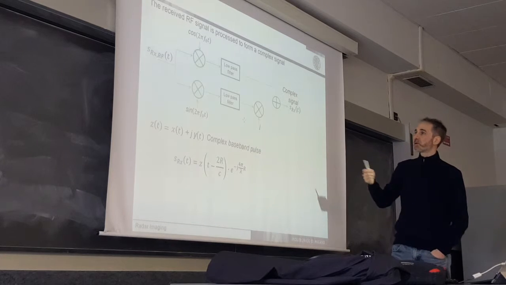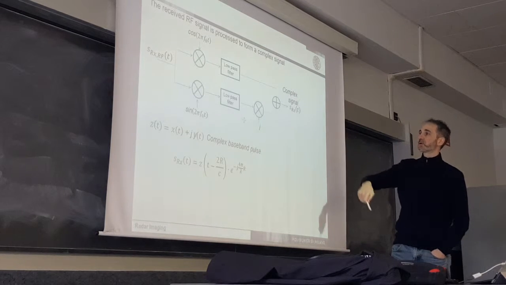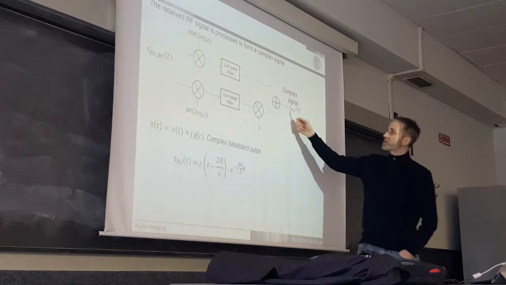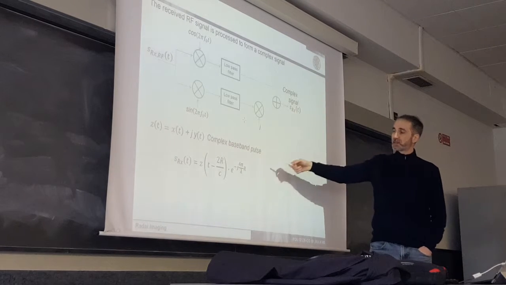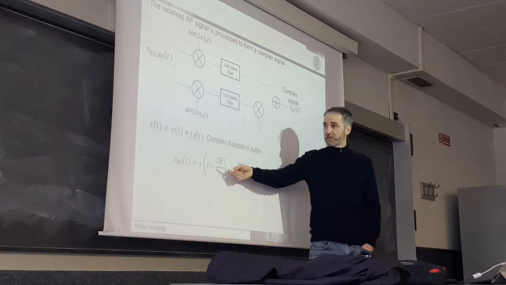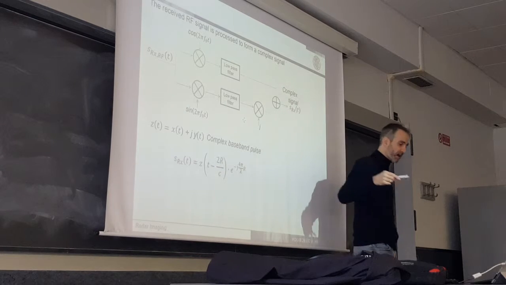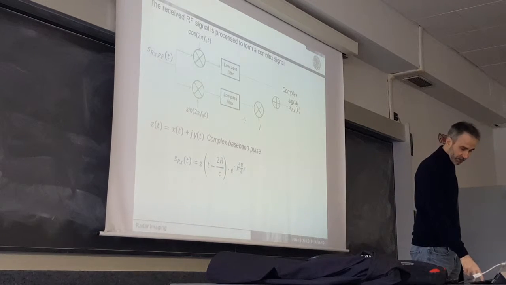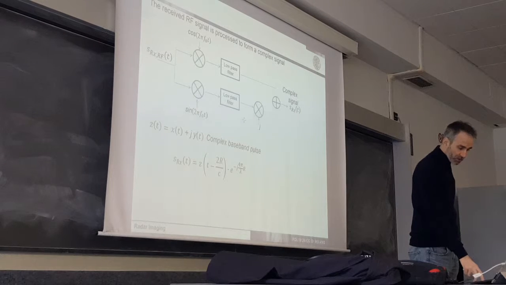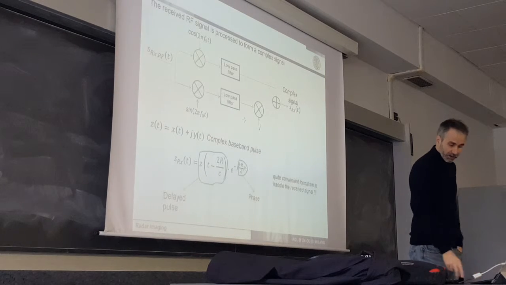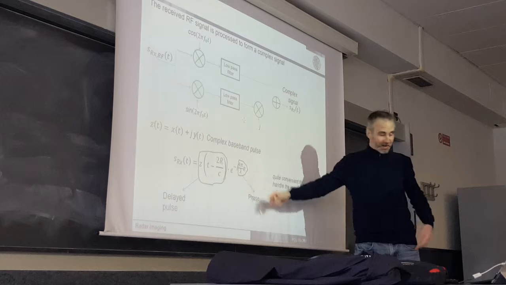You modulate by cosine and sine, and then you have the low-pass filter, and this is how you form your complex signals. And this is the expression we saw many times during the last lectures. So this is the delay and phase.